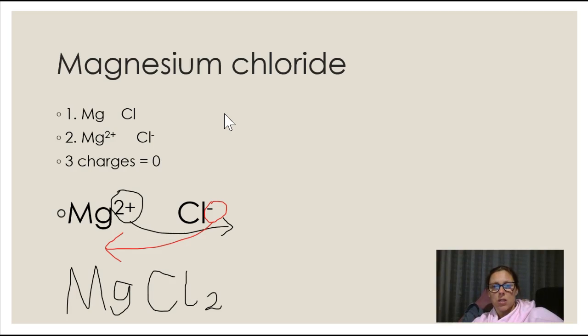So in this case, I'm going to need 2 chlorines for every 1 magnesium. But it is much simpler to do just by using the drop and swap. So this 2 drops and comes down to the opposite side, and this 1 drops and comes to the opposite side. So here, magnesium 1, we don't record it when it's 1, Cl2. We'll practice many of these in class. See you then.